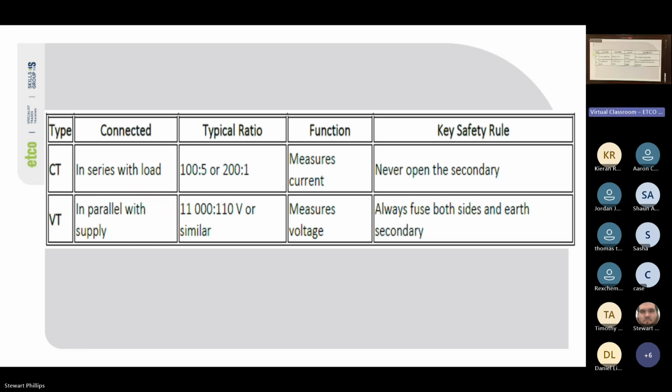So why might a transformer fail even if its ratings are correct? What can be some reasons that it fails even if its ratings are correct? Age, wear and tear, yep. Blocked ventilation, age.